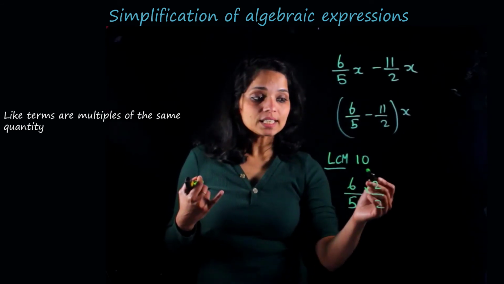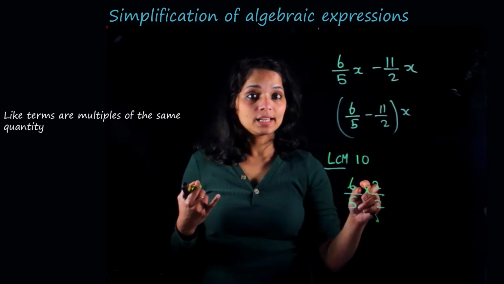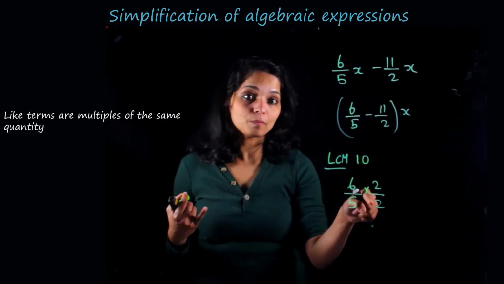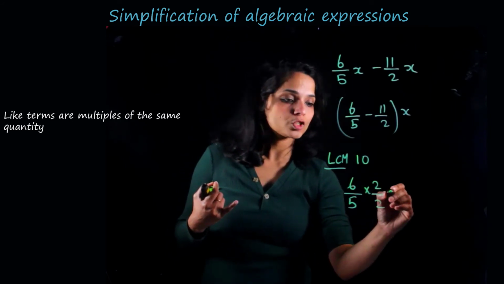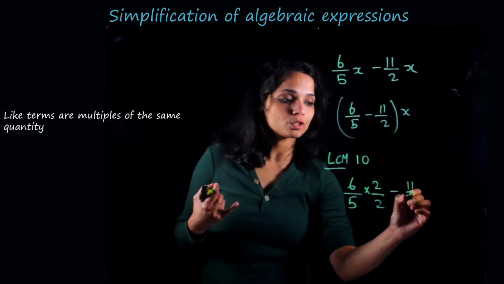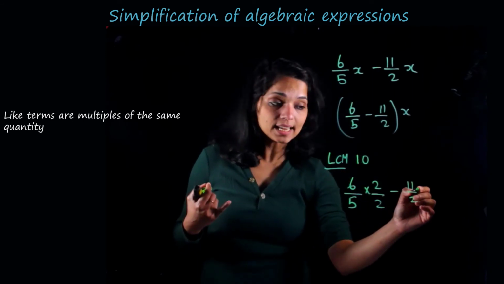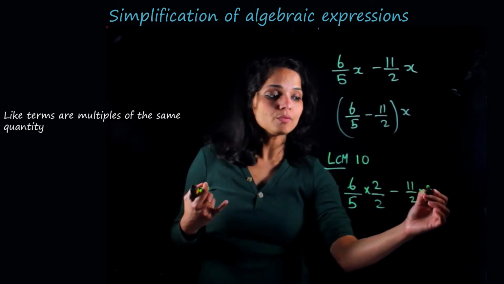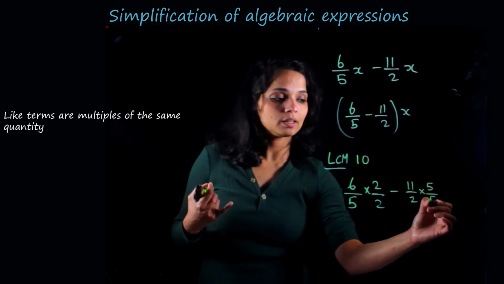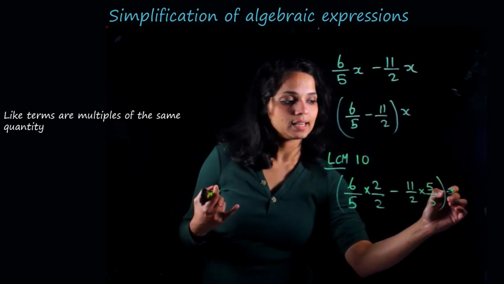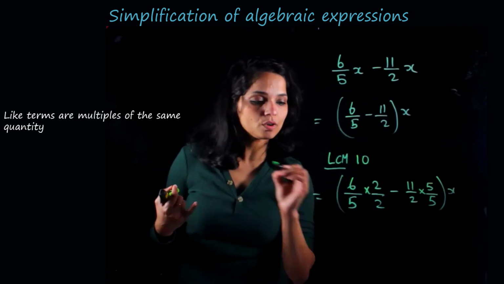The reason I'm multiplying by 2 on 2 is that this doesn't change anything, because we are effectively multiplying by 1. Then to make minus 11 on 2 a fraction having denominator 10, you need to multiply by 5 on 5, and that times x.